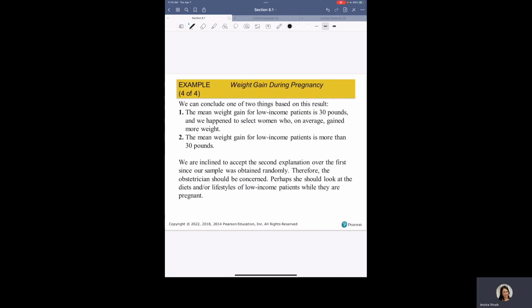So what we can conclude is that either the mean weight gain for low-income patients is 30 pounds and we just happened to select women who on average gained more weight, or the mean weight gain for low-income patients is more than 30 pounds.